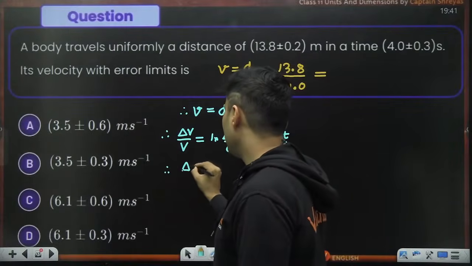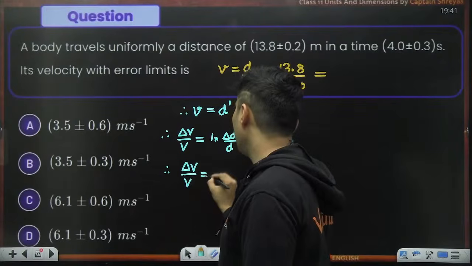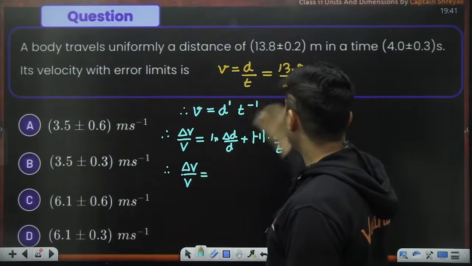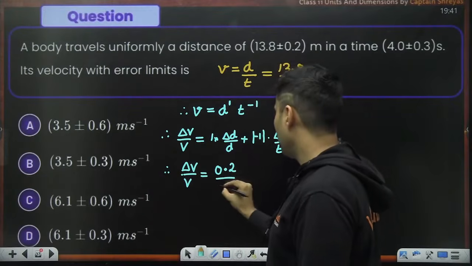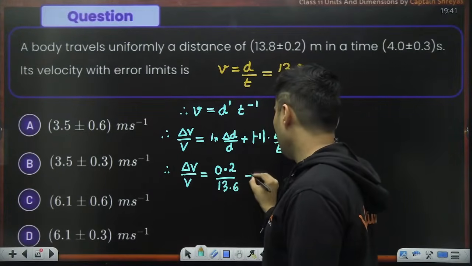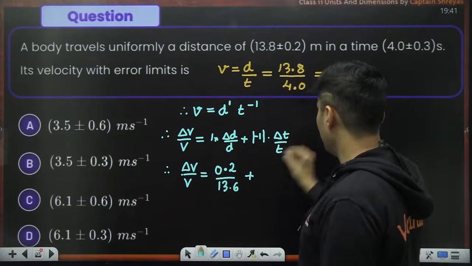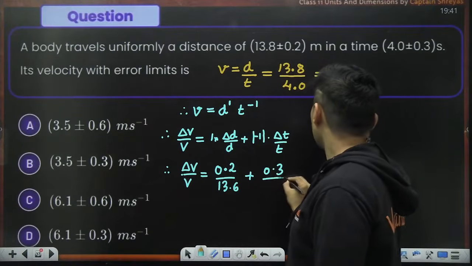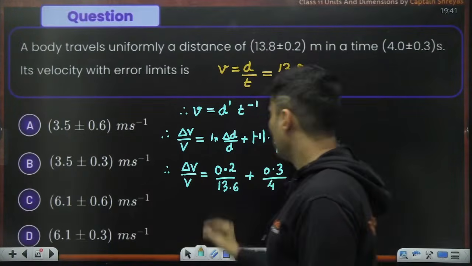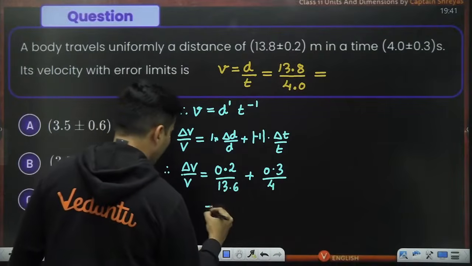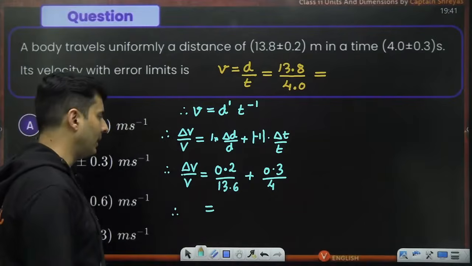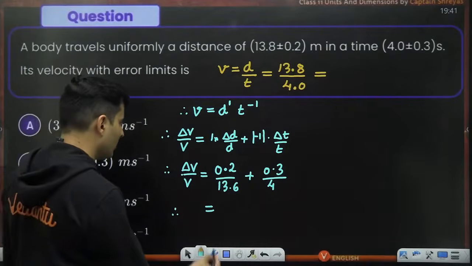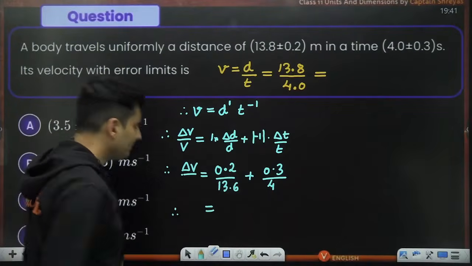Now, delta v by v will be delta d, you already know, is nothing but 0.2. D is nothing but 13.8 plus delta t is nothing but 0.3, and this is nothing but 4. And from this, see what is the number you are getting, and then try to find the value of delta v, because you also know the value of velocity from here.